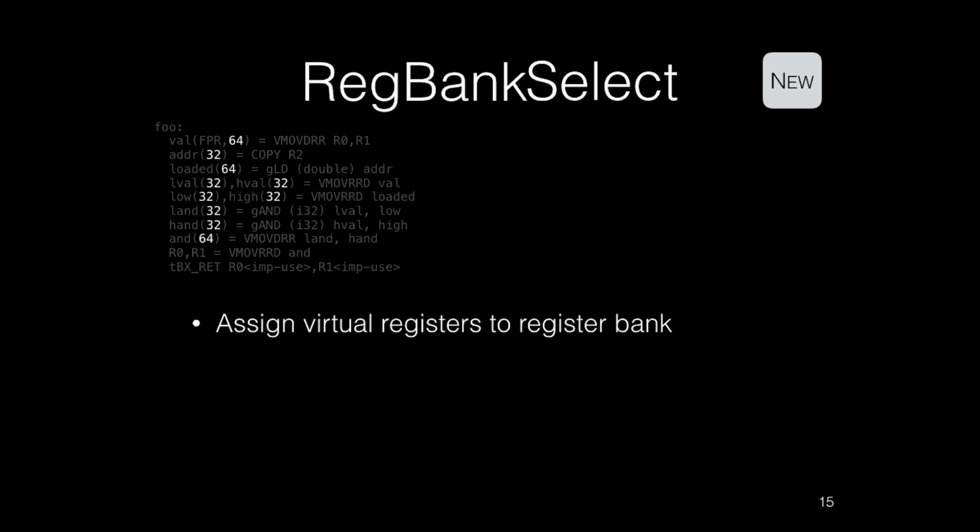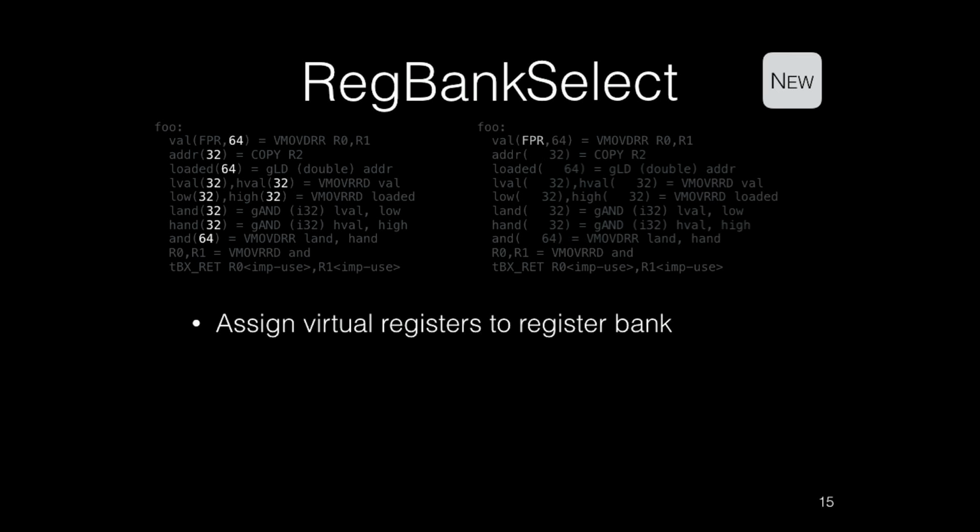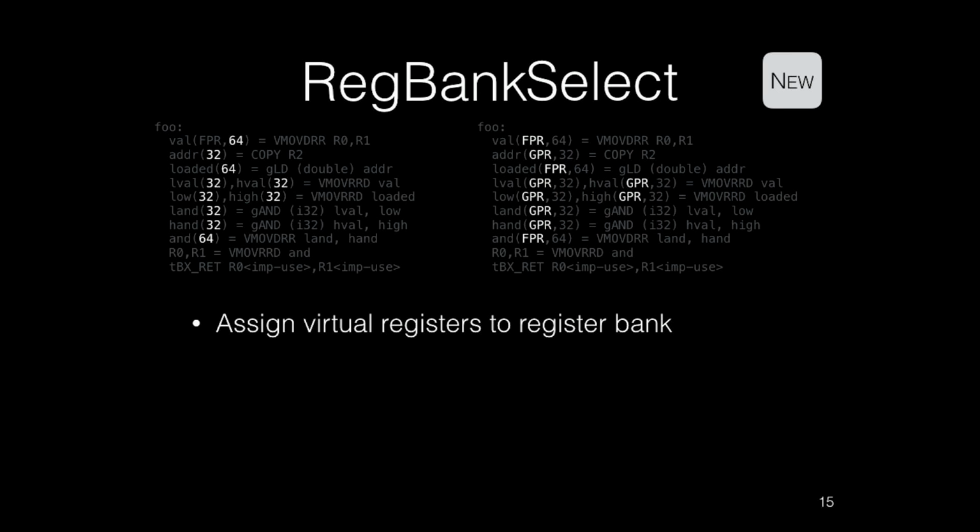And that's the purpose of this pass: assign virtual registers to a register bank. So a direct translation here would be, all right, you have the 64-bit value, you put it on the floating point register bank, and the 32-bit value, you put it on the general purpose register bank. And that's it.